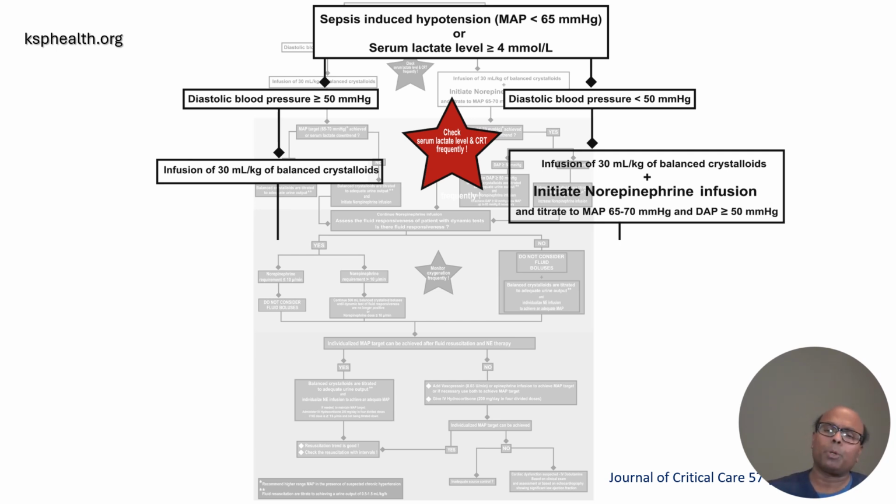If the diastolic blood pressure is less than 50, start the infusion of balanced crystalloid 30 ml per kilo and start norepinephrine infusion. Titrate to keep the MAP 65 to 70 and diastolic blood pressure more than 50.